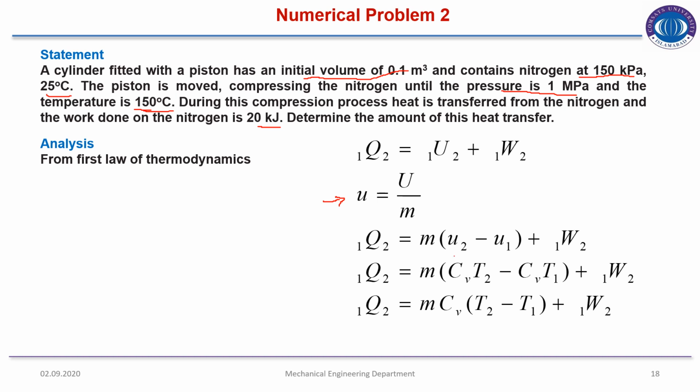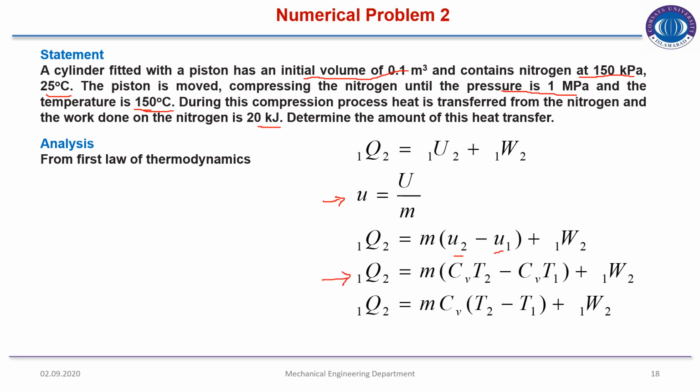For state 2, as we have seen in the same lecture, we have proved that the internal energy is a point function. So specific internal energy for state 2 minus state 1 plus W1 to 2. U is equal to CVT. So we also proved that same.